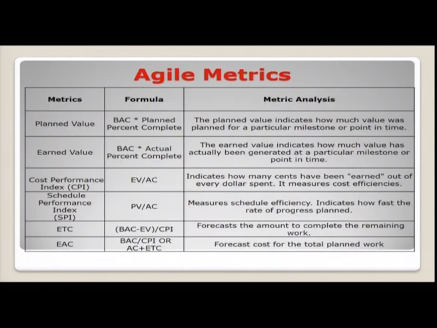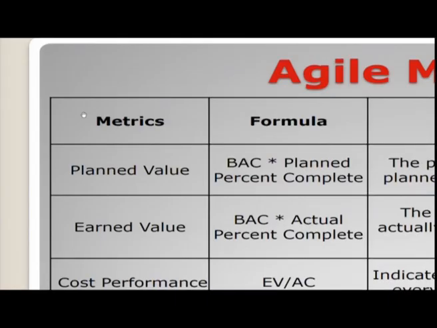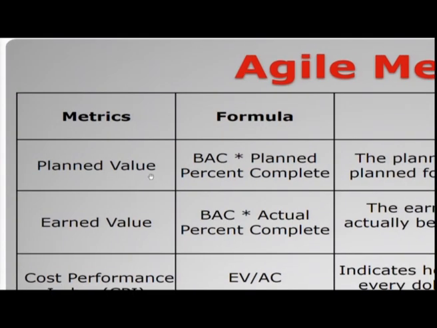Now let us see the formulae for all these metrics, and let us have a metric analysis. That is the reason I asked you to note down all the metrics from my earlier slide. As far as the metrics are concerned, you have a planned value. The formula is BAC multiplied by planned percent complete.